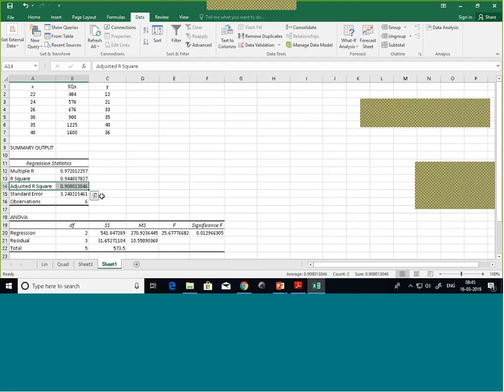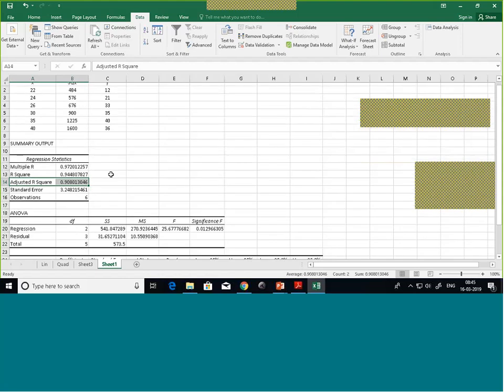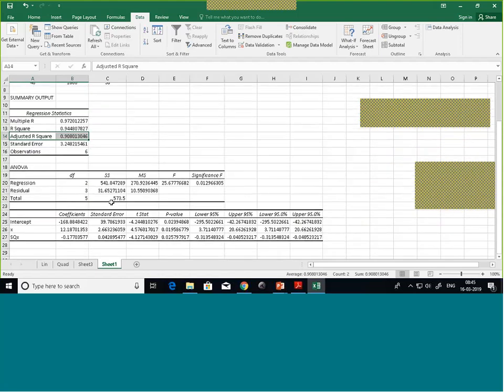So isn't it interesting? Because by changing the model slightly, we have found that 91% of the observations are fitting the data. Then we move to the ANOVA table.